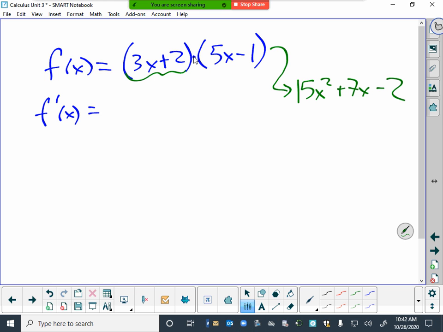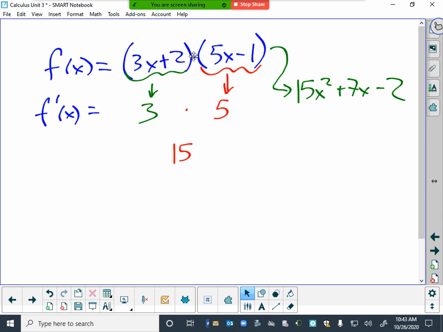Well, it's linear, the slope is 3, it's a power rule, we could think of it that way as well. This one just has a derivative of 3. And this one has a derivative of 5. And if we multiply those together, we just get 15. But this was a quadratic, and that's not linear anymore, that's a constant function.